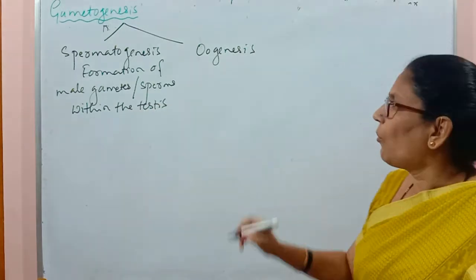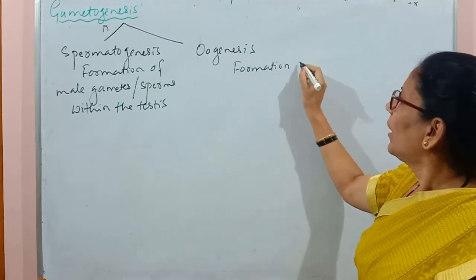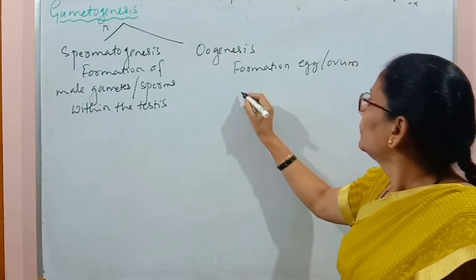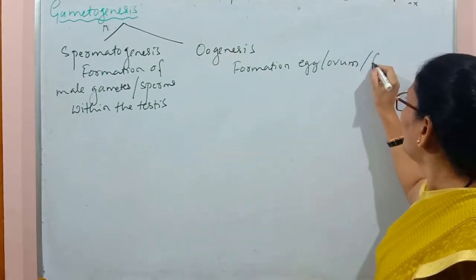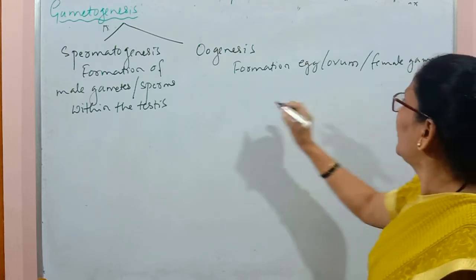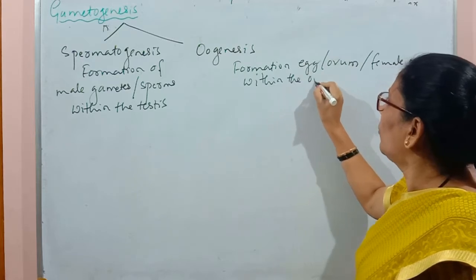Oogenesis is the formation of egg or ovum, or you may call it female gamete, within the ovary.